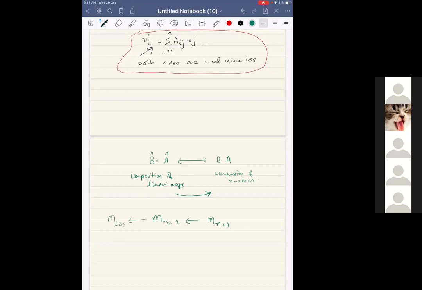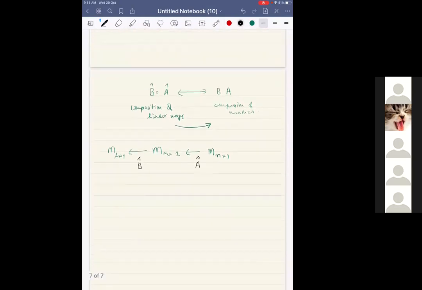I can switch to black. So I have a linear map from here to here, and then a linear map from here to here. So I can first apply A hat.